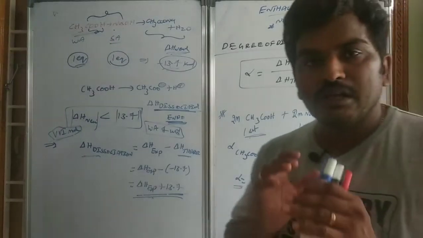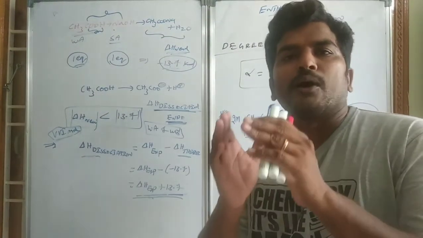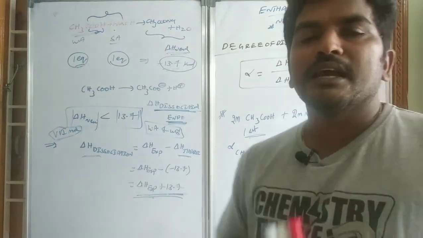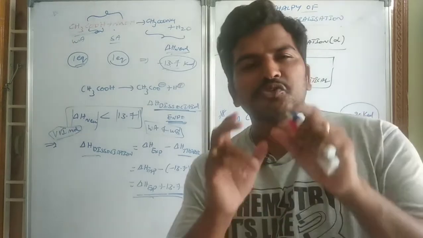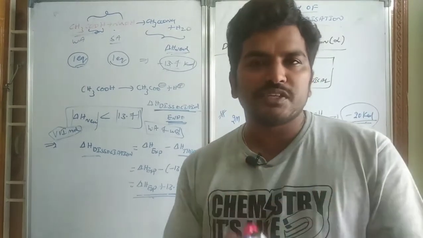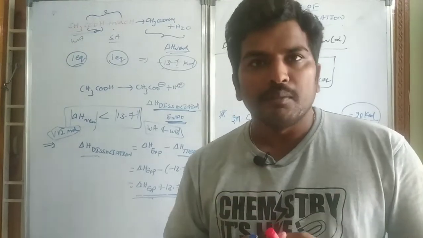So be careful with this. What is enthalpy of neutralization? What is the definition for that? How to understand enthalpy of neutralization, and the values minus 13.7 kilocalories and minus 57.3 kilojoules you have to learn by heart. These are very important values.